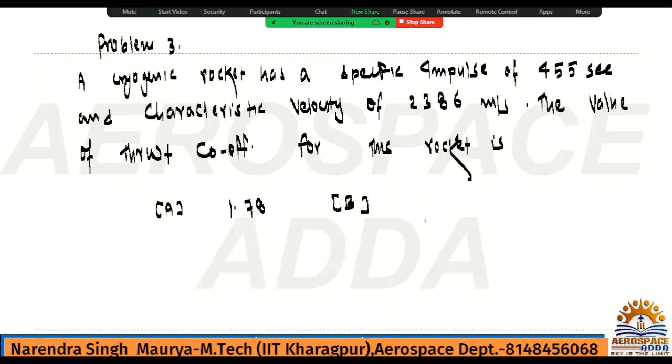You just open the box for the characteristic velocity. I had given the relation between the thrust coefficient, mass flow rate coefficients, characteristic velocity, chamber pressure, and maximum mass flow rate. All the relations I had given in one single box. So please open that box and relate what data they have given to you. You calculate.